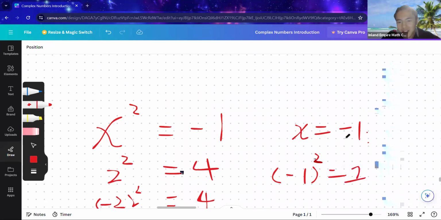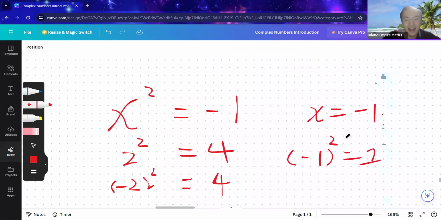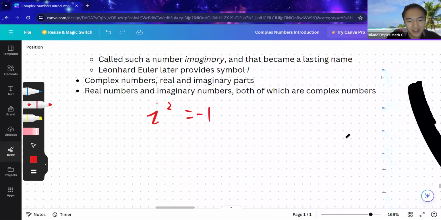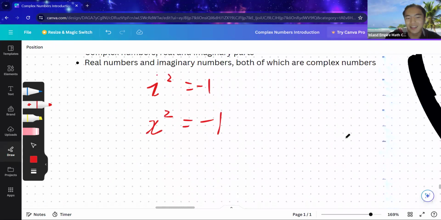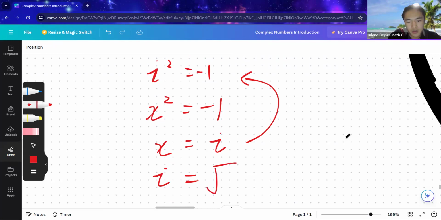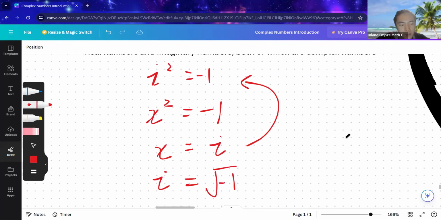It's kind of interesting, because the mathematicians said we can't find a solution, so instead we're going to define one. Since we can't solve x squared equals -1, they define the solution as x equals i, where i squared equals -1. In other words, you can also write it as i equals the square root of -1.